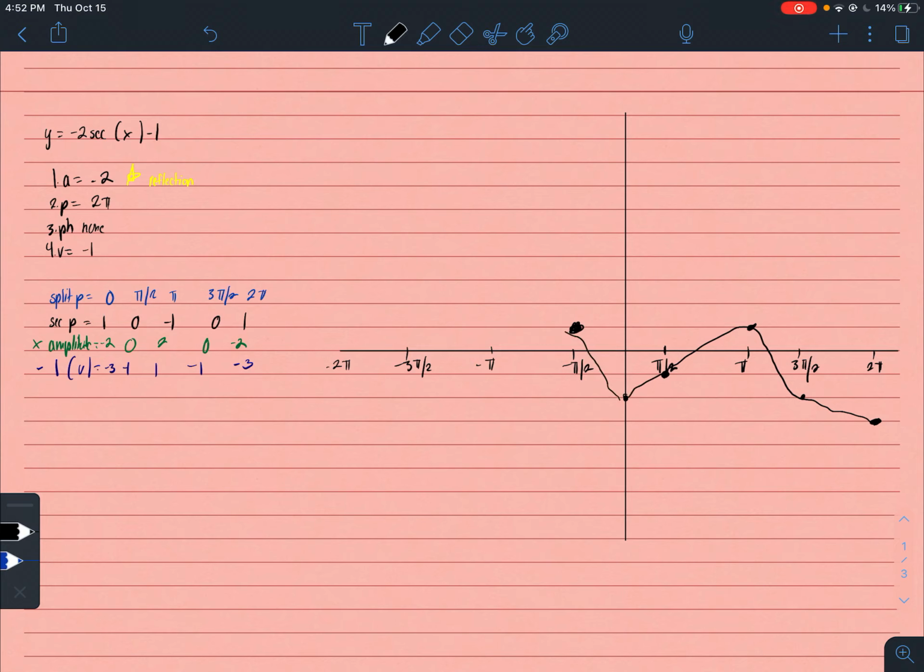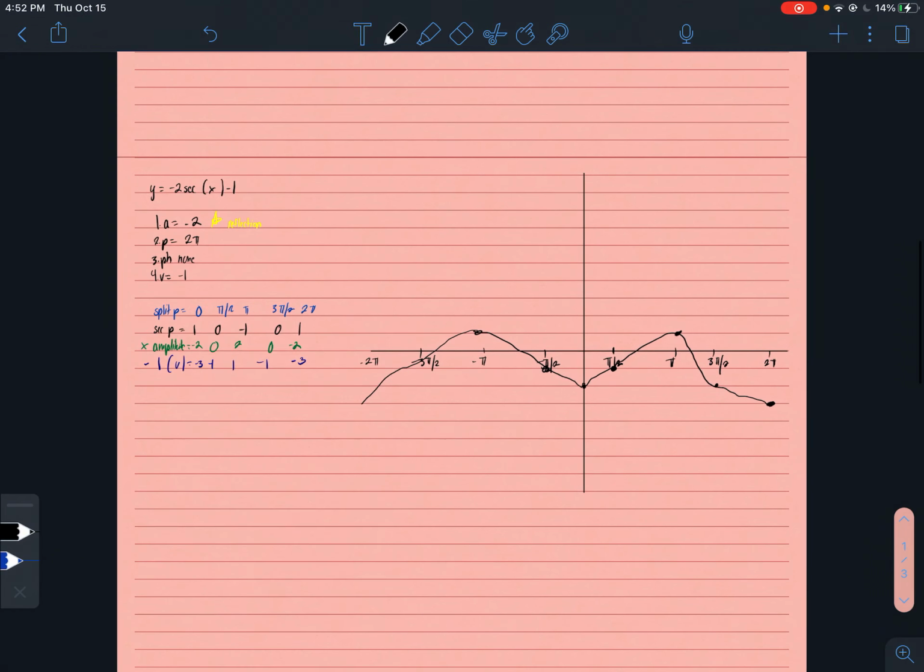My bad. Sorry, there should not be a point here. It should be here. Sorry about that. So that again is another poorly drawn graph.